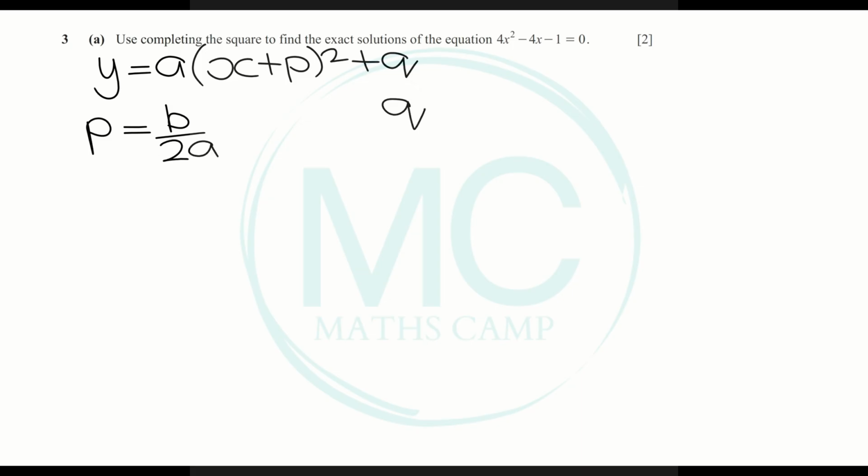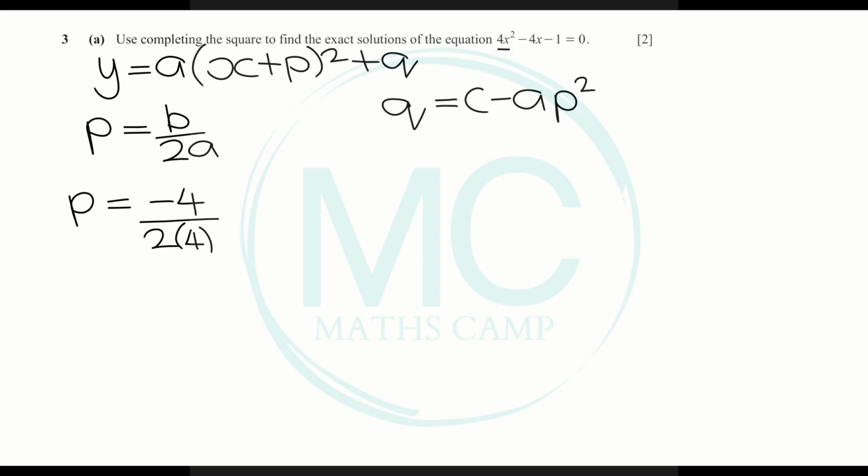And to find q, we use the equation c minus ap squared. So let's find p. You can say p is equal to, in our quadratic, b is negative 4, say negative 4, over 2 multiplied by a, which is 4.